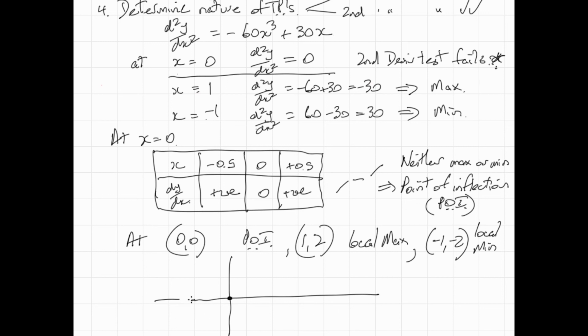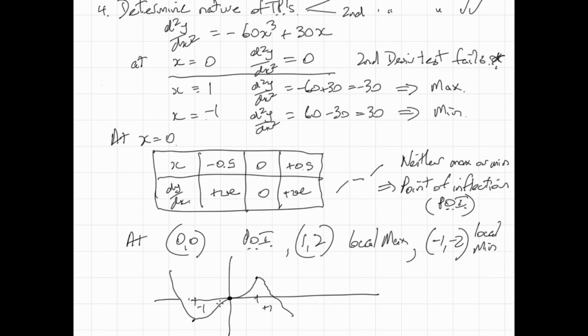We have at -1 a local minimum, and here we have a local maximum at 1. And here we have a point of inflection, so it's going to drop down, then go up and over and down again.